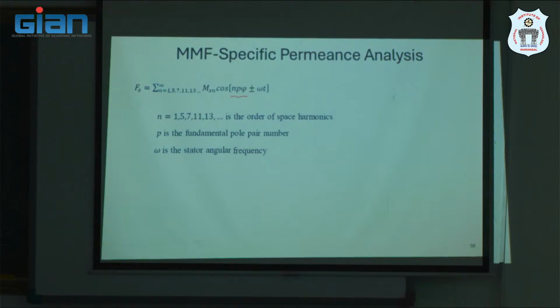If a machine has 6 poles, the pole pair will be 3. So number of poles divided by 2. Okay. And this is the fundamental pole pair, because for higher order harmonics we'll see a higher number of pole pairs. So that is the idea. And omega is the angular frequency, expressed in radians, not in hertz. So 2 pi times f. And this is the supply frequency.